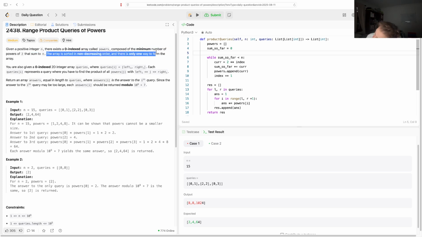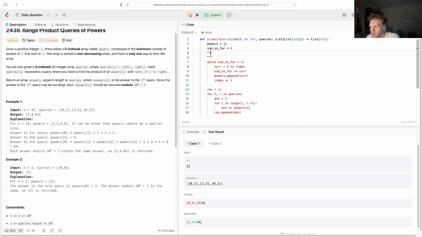And there's only one way to form the array? Wait, what does that mean? Does that mean that they all have to be unique? Because if you have 32, right, you could do 25. Then you have 7 left.